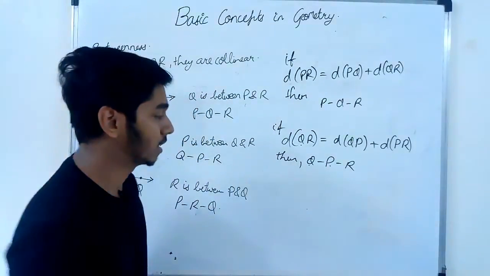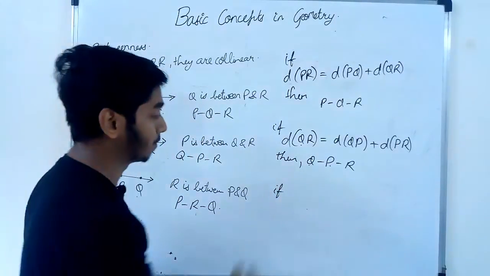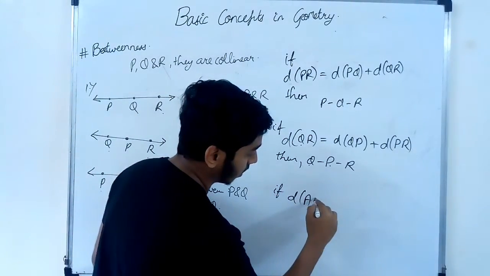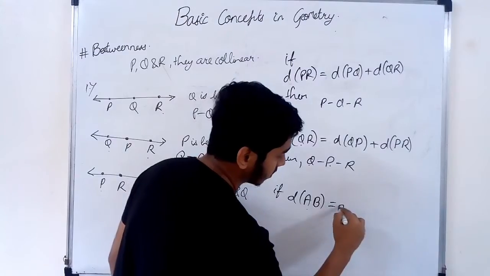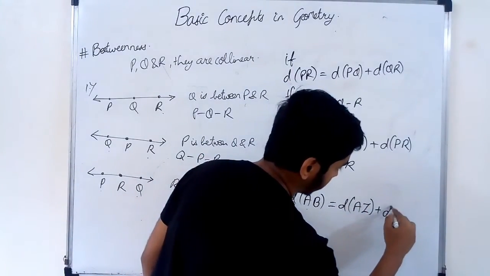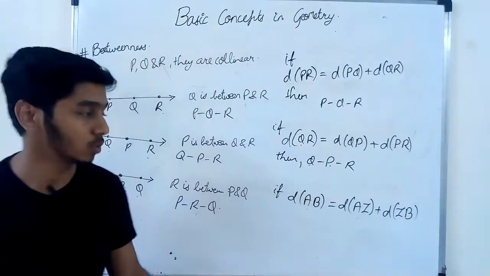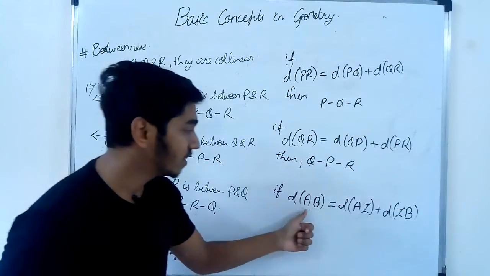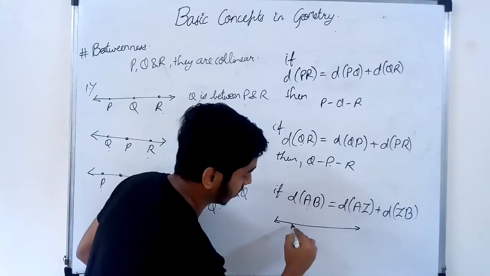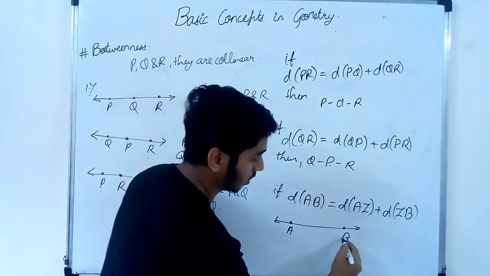Let's take one different example. Let's say if distance AB is distance AZ plus distance ZB. So what does this say? If distance AB is happening, then AB will be at these 2 points.